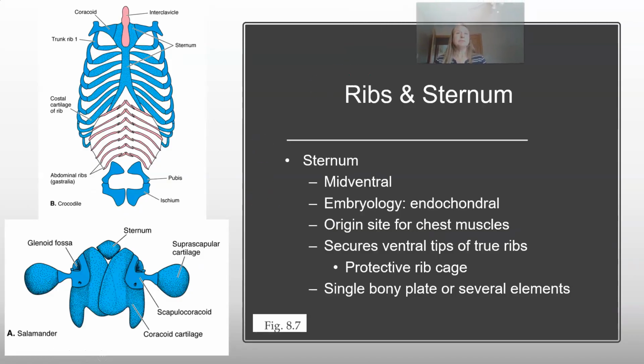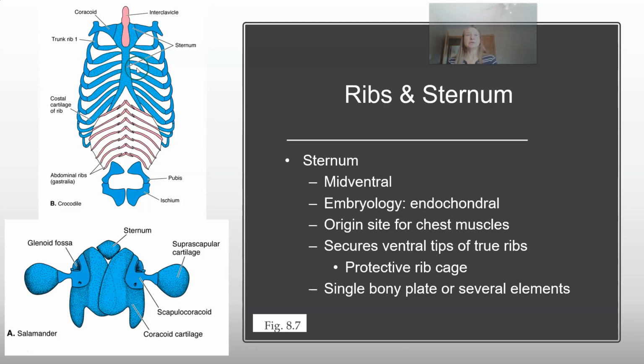Okay, with the ribs and sternum in general, the sternum is this mid-ventral bone, okay? So sternum right here on our crocodile, and here we have a sternal plate in salamanders, so reduced here. But embryologically, these are endochondral bones, okay? So they have a cartilaginous template, and then they grow and ossify. This is, again, the origin and site for chest muscles, like our pectoralis is on here, and some other muscles as well.